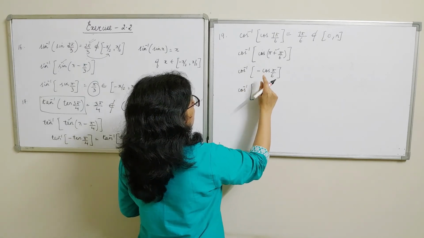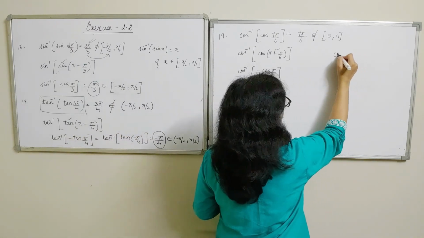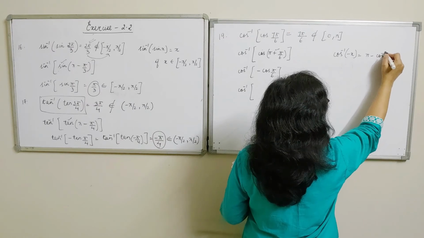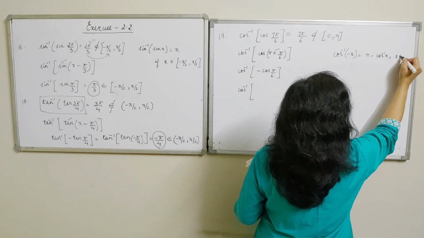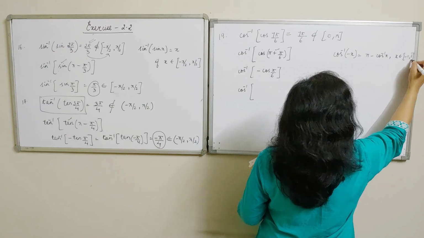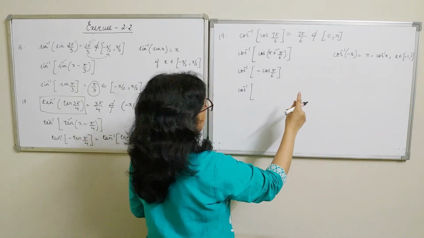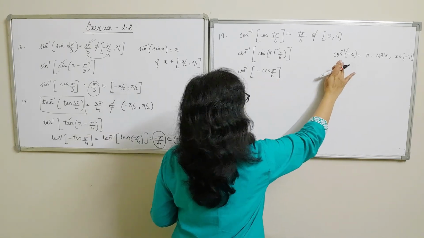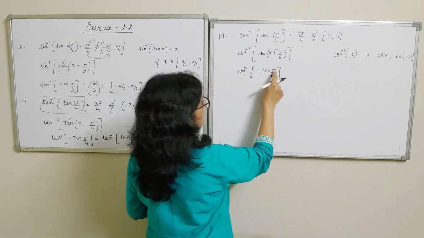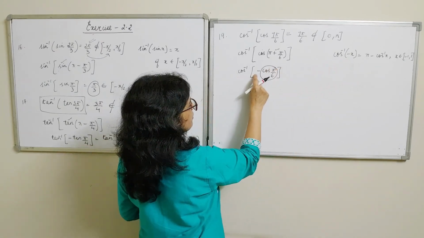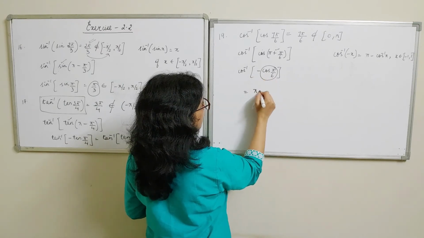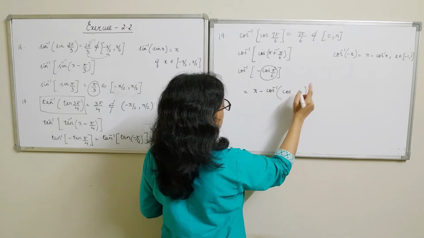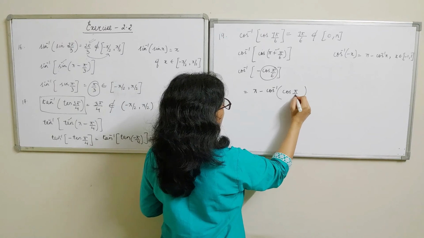And we know this result, cos inverse of minus x can be written as pi minus cos inverse x, as long as x belongs to this category. So using this result, cos inverse of minus x should be equal to pi minus cos inverse x, and here x is cos pi by 6.